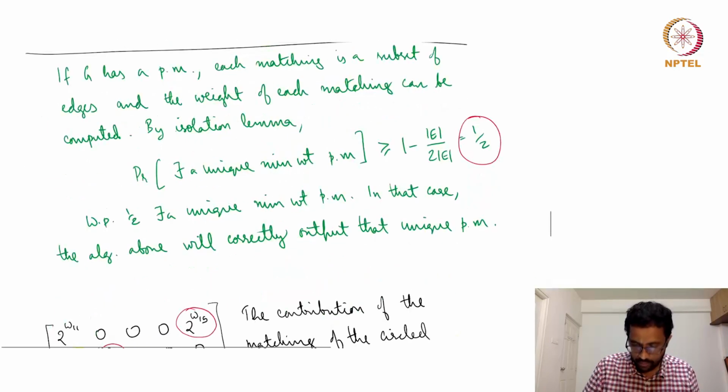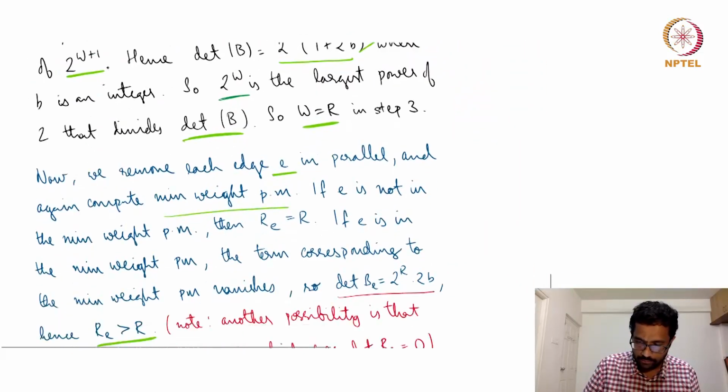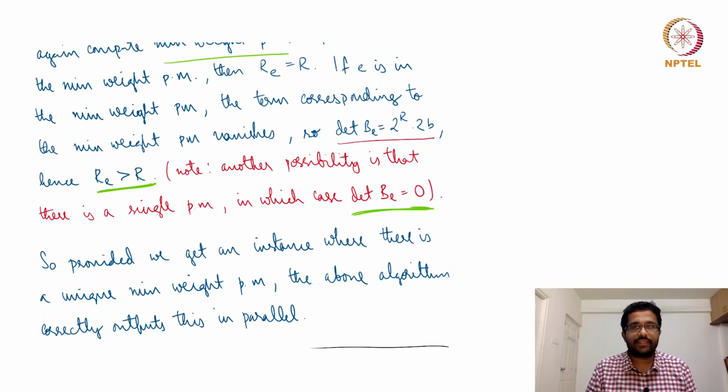And this is exactly the case when E is part of the unique min weight perfect matching. RE is greater than R when E is part of the unique min weight perfect matching and there are other perfect matchings. And the determinant of B is 0 when the edge E is part of all the perfect matchings. So if you remove E, then the graph does not have a perfect matching.